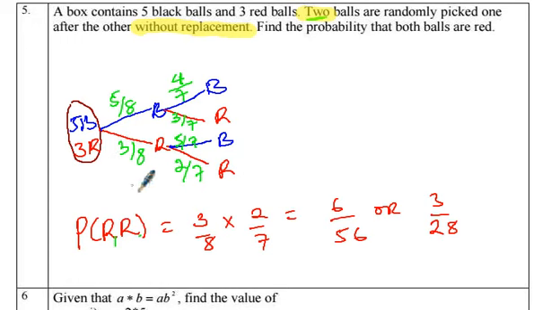That's why I'm multiplying 3 out of 8 times 2 out of 7, and the final answer is 6 out of 56. Or you can simplify this fraction to 3 out of 28. Nice.